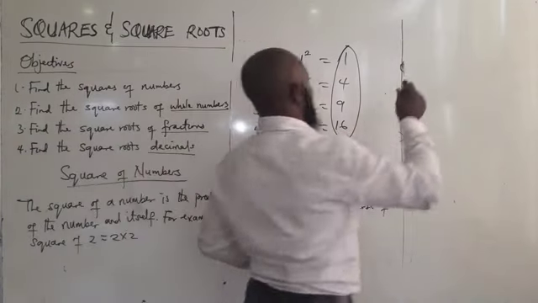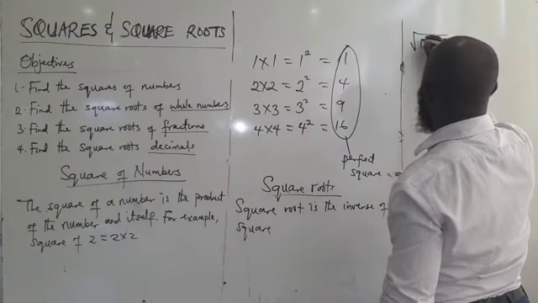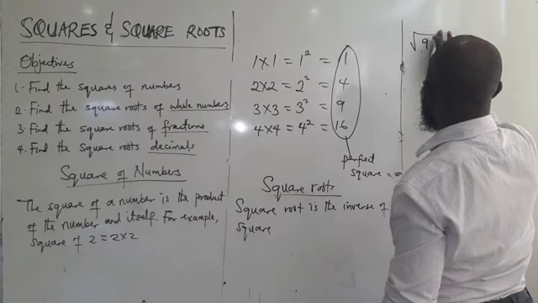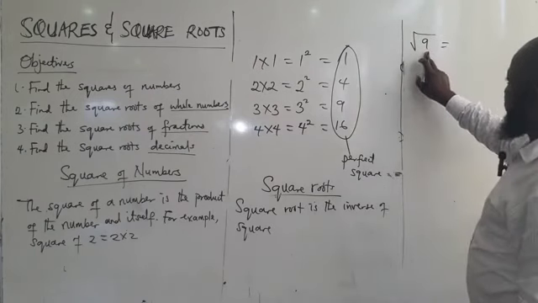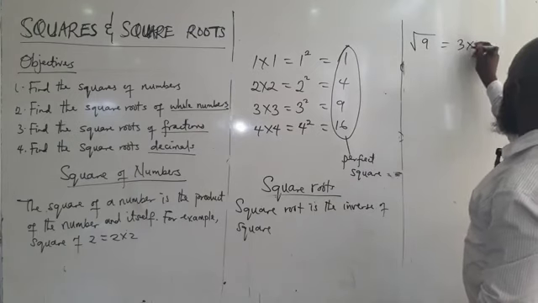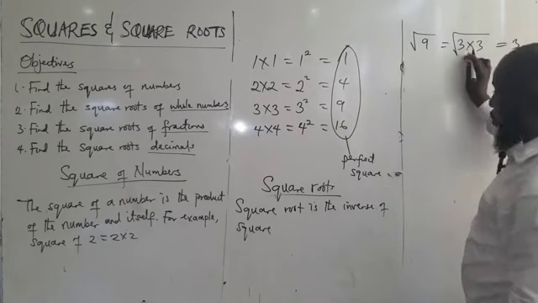For example, the square root of 9: if we break 9 into two factors, that will be 3 multiplied by 3. So the square root of 9 is equal to 3. We just pick one of these.